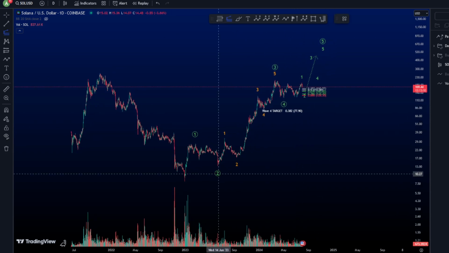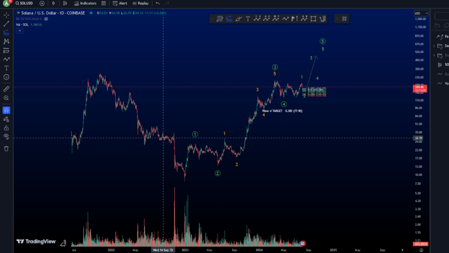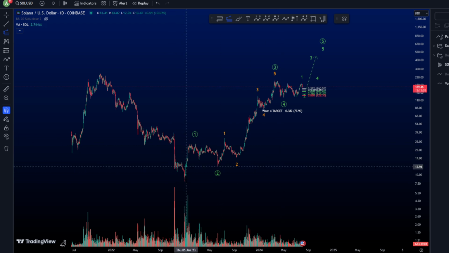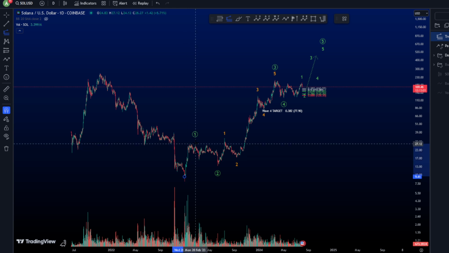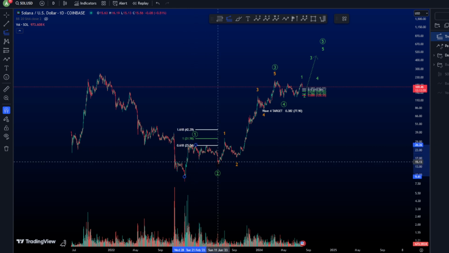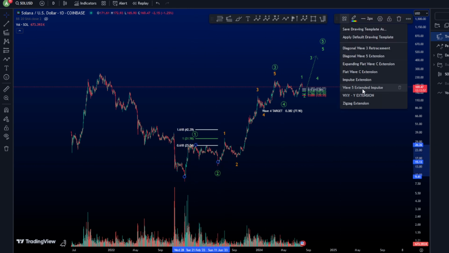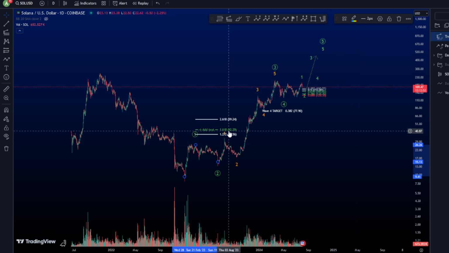Now I just want to check one more thing. Did we get an extended wave 3? If we take the fib level here, yeah, I think so. Definitely.